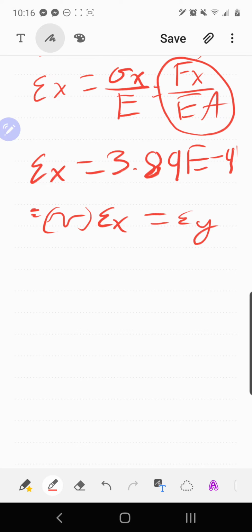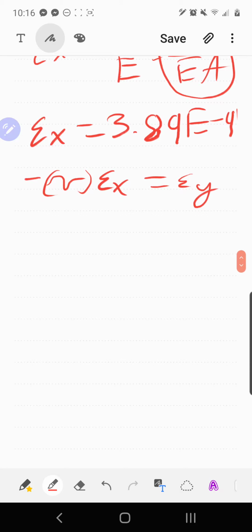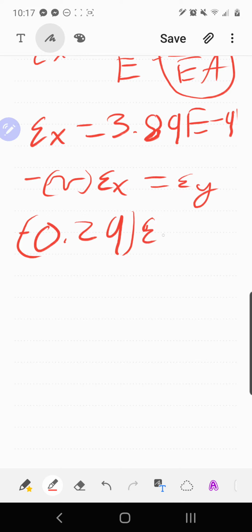Actually, the Poisson's ratio will be negative in this regard. Negative 0.29 times our epsilon x. What's this going to give us?